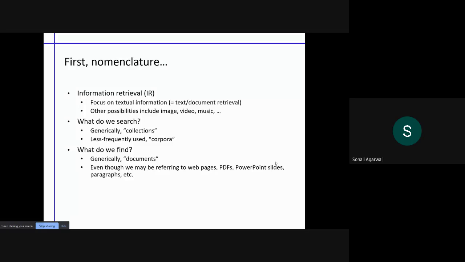If we look at some basic nomenclature, IR is still nothing but focusing on some searching techniques so that we can retrieve some data, some information, and improve our knowledge. As per the literature, it was only focused on textual information, but the present scenario is completely different.